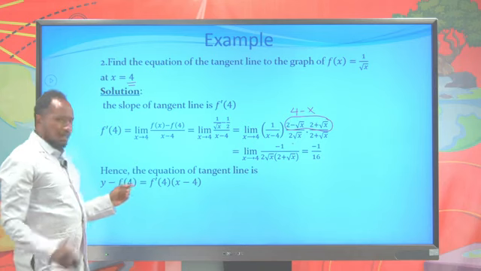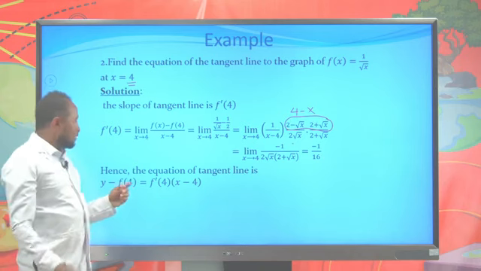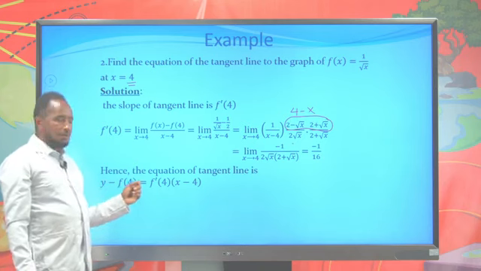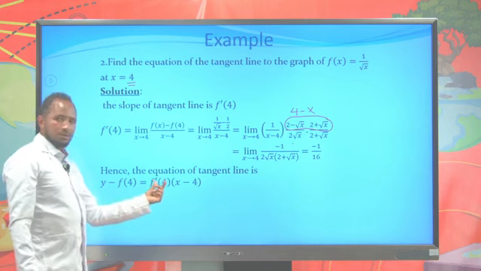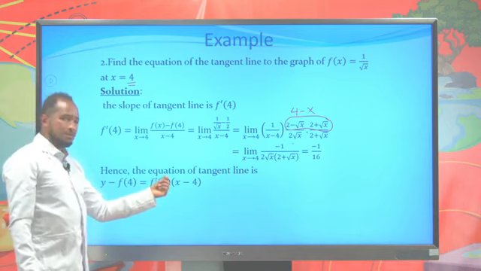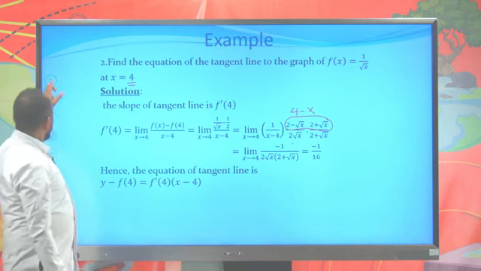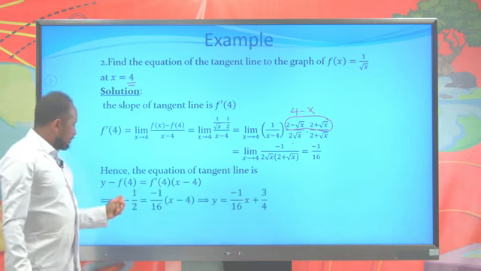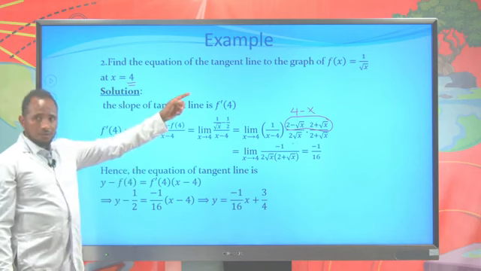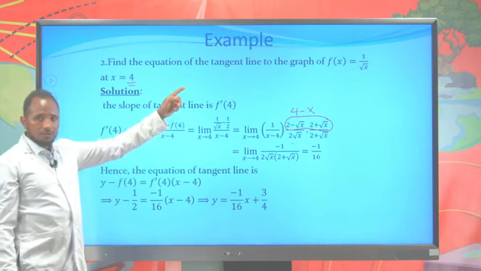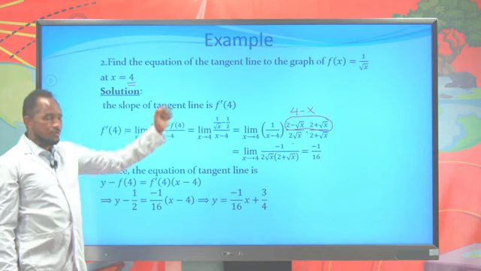So y minus f of a, where our a is 4 here: y minus f of 4 is equal to the slope, f derivative of 4, times x minus 4. Putting the numbers here, f of 4 is 1 over the square root of 4, which is 1 over 2.